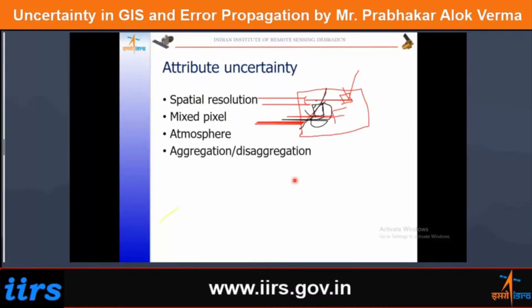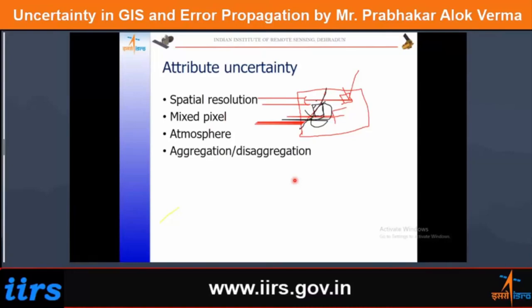So we are able to discriminate between forest and cropland because of the difference in contrast, the difference in colors. So how a different object appears from its neighbors is the basis for feature identification.